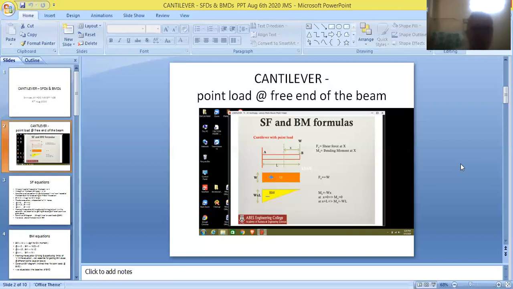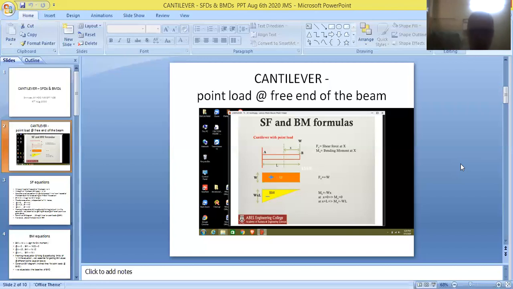Now after that we have to take the limits for the x value. So this point B is taken as a lower limit and point A is taken as the upper limit. Of course, the midpoint can also be considered.